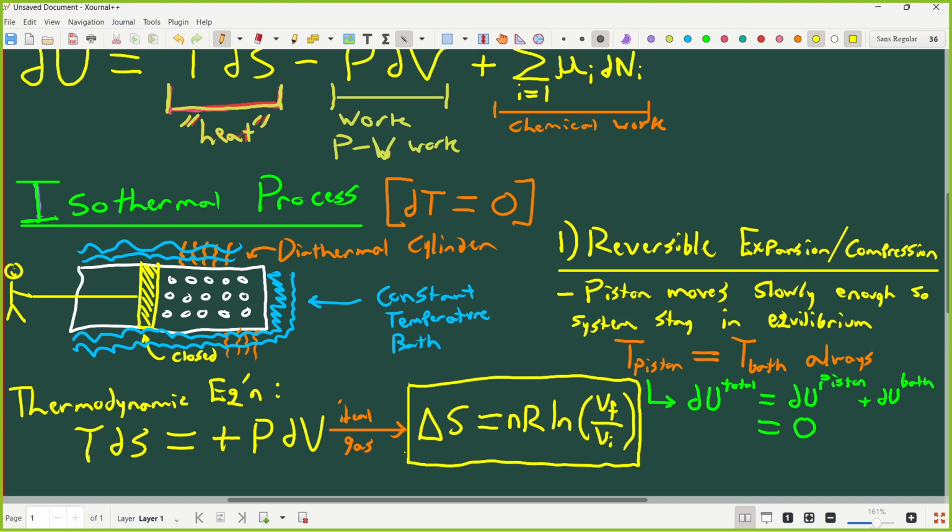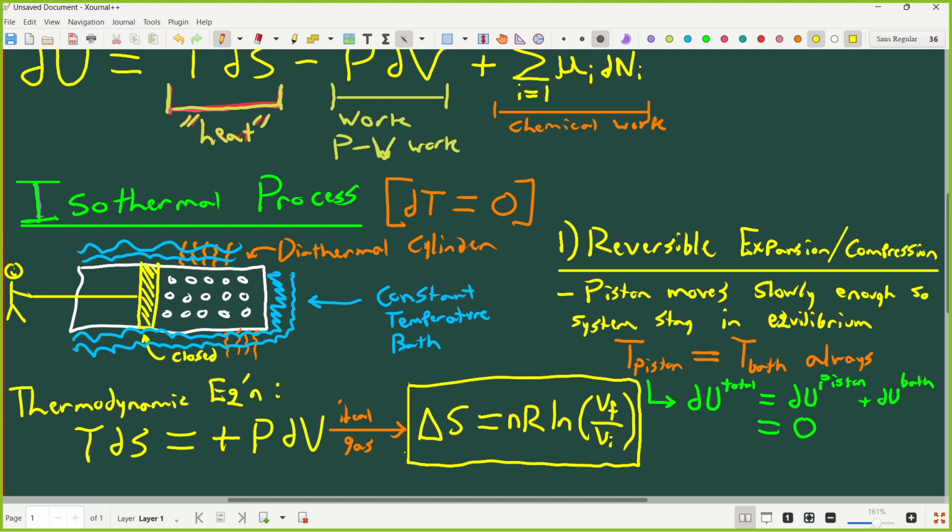Okay, so let's think a little bit about what this equation tells us. Let's compress the system. We're going to push against that. Now it should be logical. If you've ever blown up a bicycle tire, you should understand that you have to put energy into the piston, the pump, to compress the air.